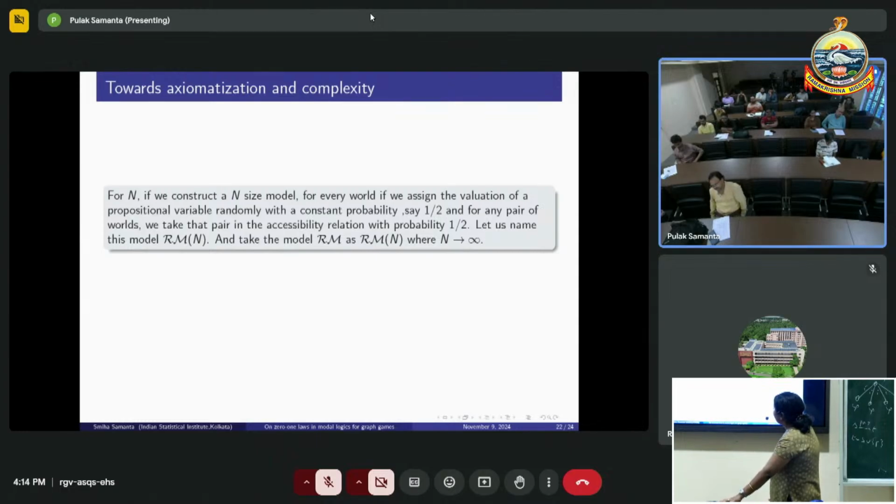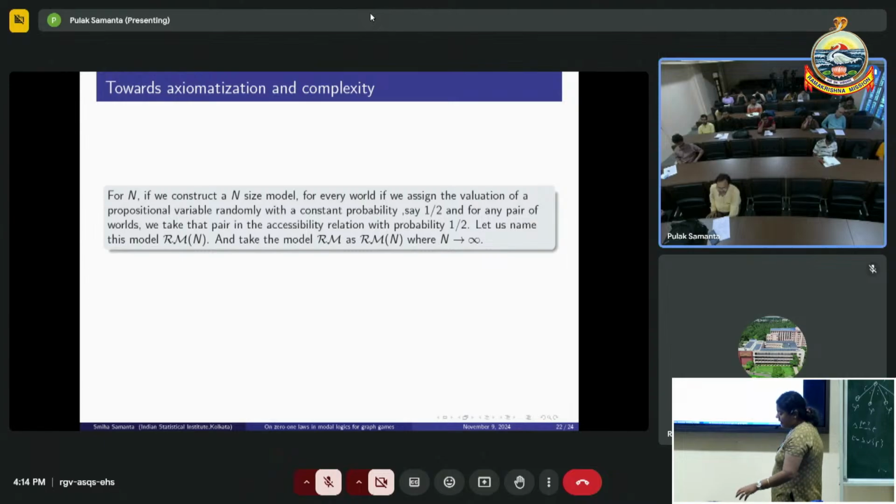For now we have constructed a random model, where for any world we take the value of a propositional variable with constant probability half, and for any accessibility relation we take any pair of worlds in the relation set with probability half.